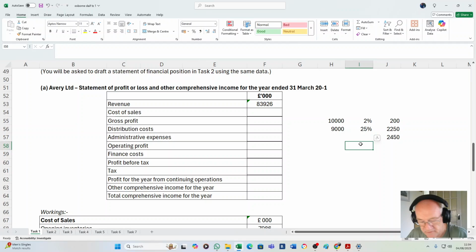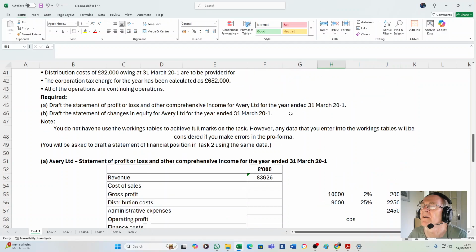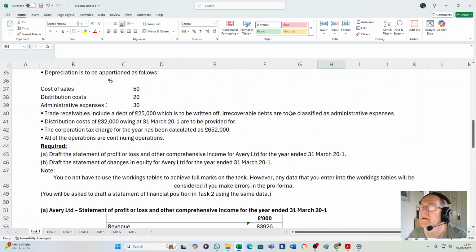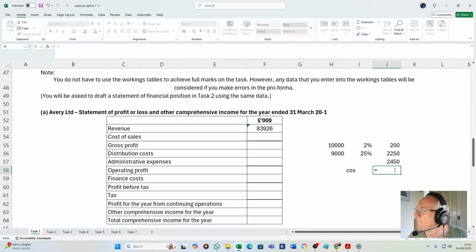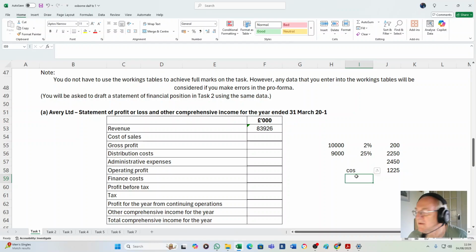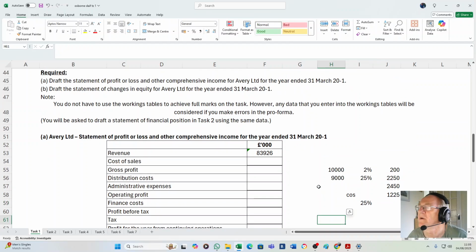So cost of sales, okay, always back to the notes just to be sure, 50%. 50% would do nicely, and then the other two are both 25%. Might as well do the workings out now.